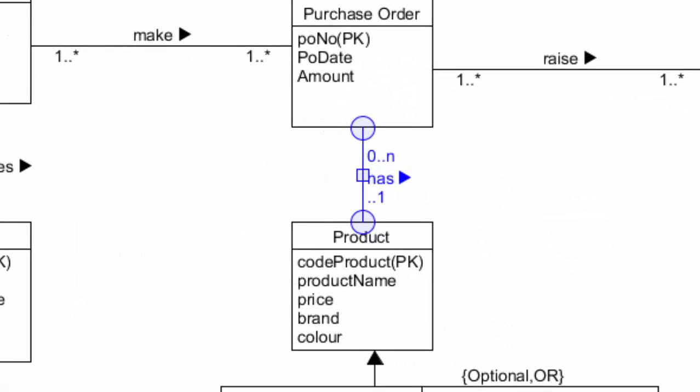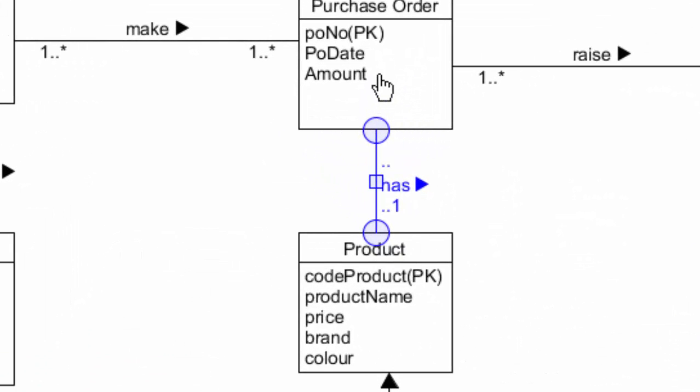One product can have minimum one purchase order, maximum many purchase order, and one purchase order can have minimum one product, maximum many product.